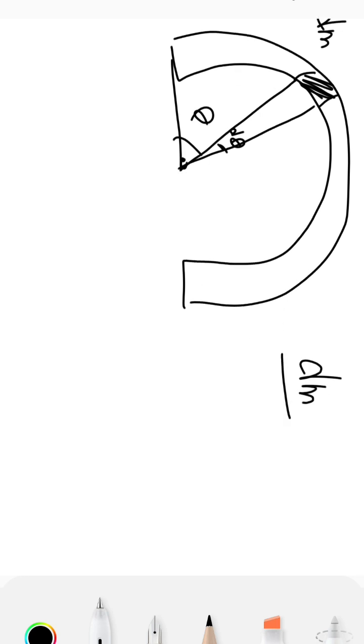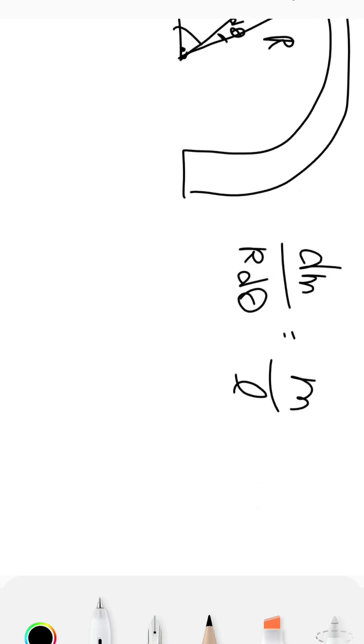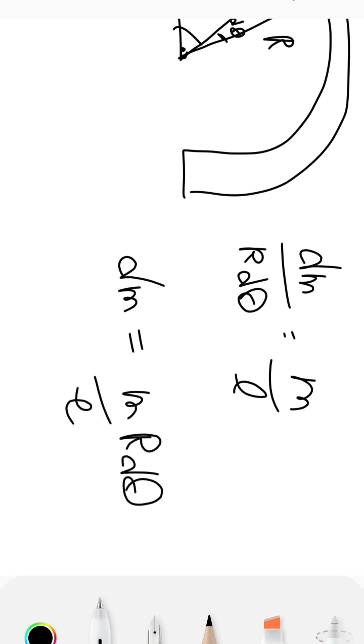Now what would be dl? The value of dl will be basically r d theta. So dm by r d theta is equal to m by l. Since it's the mass per unit length, the mass per unit length will not change. So from here you get that dm is equal to m by l r d theta.